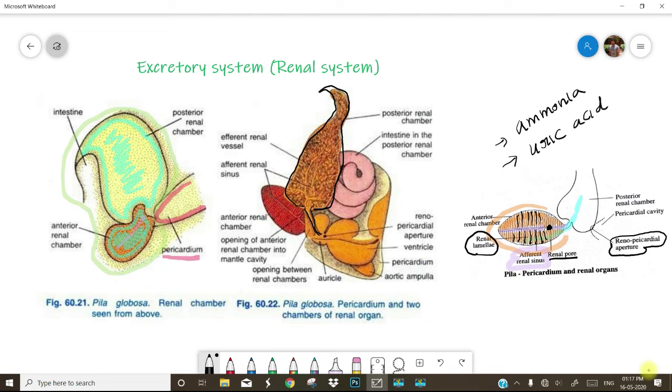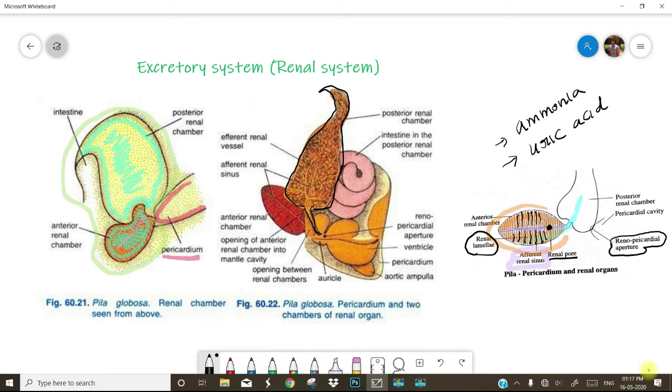So what is the difference? When it is in the watery medium, it can eliminate nitrogenous waste which is water soluble. So it doesn't need to conserve water when it is in water. And if it is on land, it needs to conserve water, so it cannot eliminate nitrogenous waste in the form of ammonia.